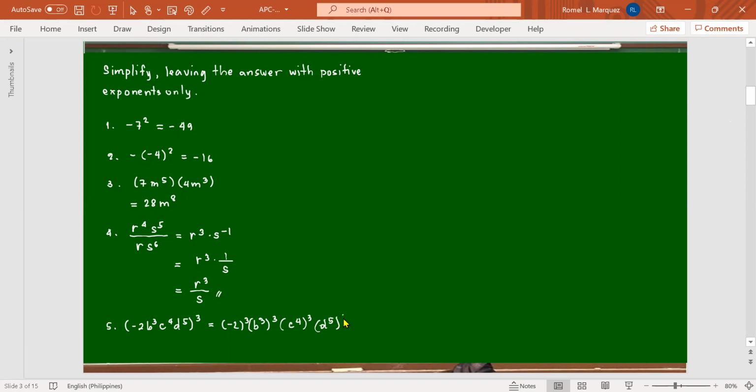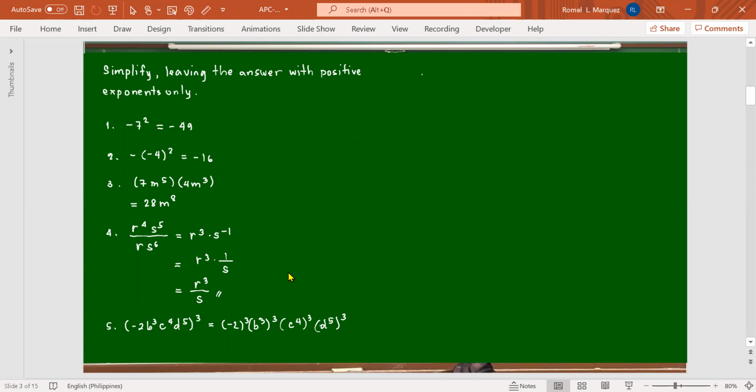You can distribute this exponent by multiplying it to the exponents of the factors inside, if they are factors. But if inside is a sum, you cannot distribute the exponent to every term. Okay? If they are factors only.